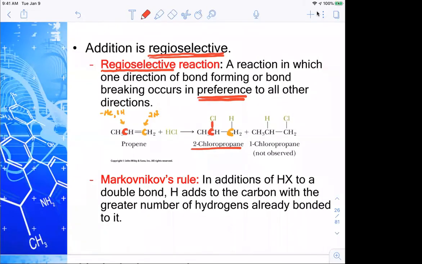That produces one particular isomer from this reaction. Now notice that the chlorine is on the orange carbon, and if I name this, I get 1-chloropropane.